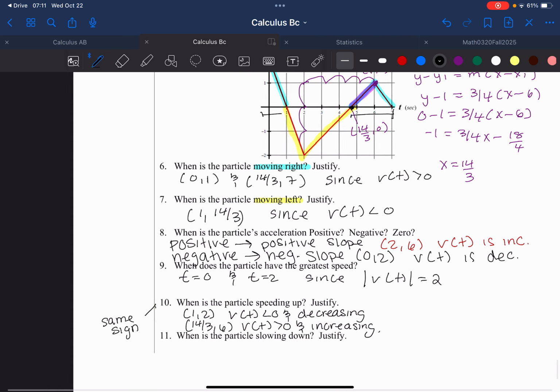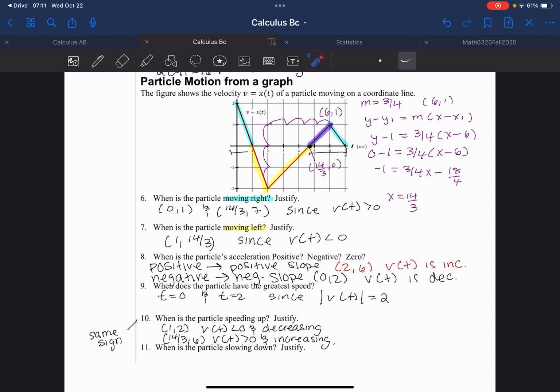So again, looking at the graph here, 1 to 2, so that's right here, it is less than 0 because it's below the x-axis and it's decreasing. And then we have 14/3 to 6 right here. It's a positive slope and above the x-axis, which means it is increasing.